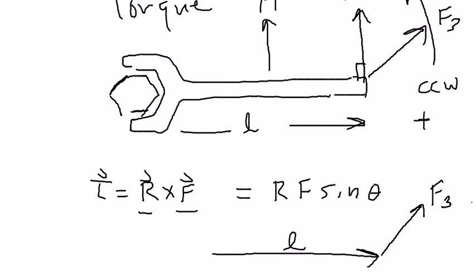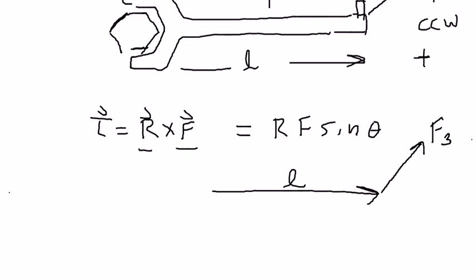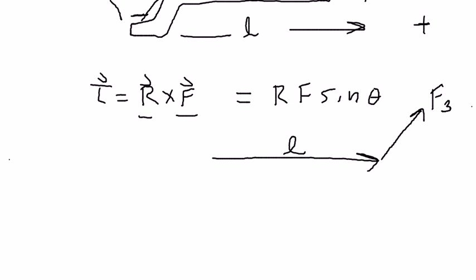It turns out that the only component of the force that has an effect is the perpendicular component. That component of the force is perpendicular to my L vector, and that's the one that has the only effect.